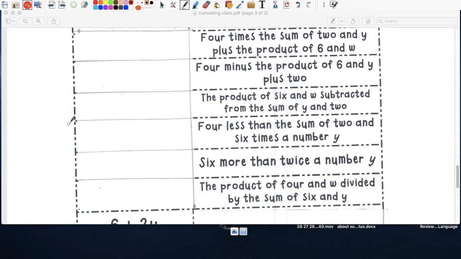Next one, 4 less than is subtraction. The sum, did I just do that? Yes, I just did that. So what's the next one? 6 more than twice a number and y.